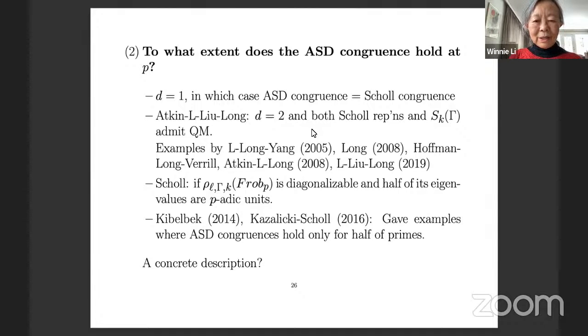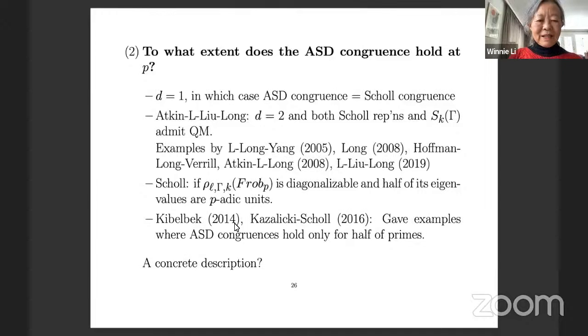In Lin Long's talk, she gave various examples. And Scholl proved that if we look at the Frobenius at p, and that action is diagonalizable and half of its eigenvalues are p-adic units, then the ASD congruence also holds.